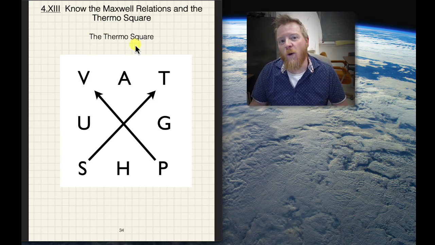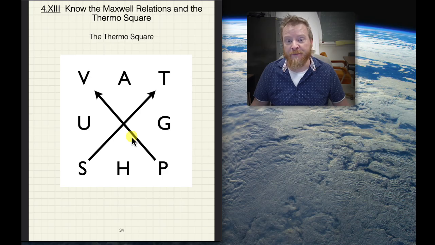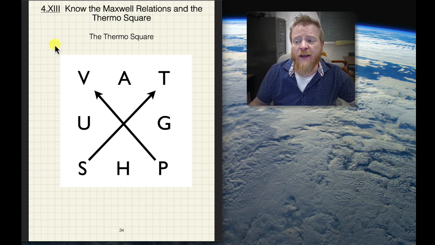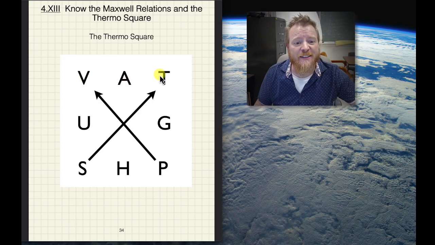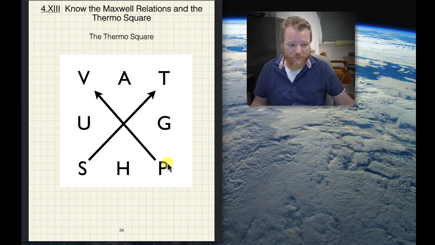So the one thing that we do have to memorize is getting the correct order of these letters and drawing these arrows in this way. When I learned this, we learned it as verified analysis of thermodynamic understanding gives solutions to hard problems.